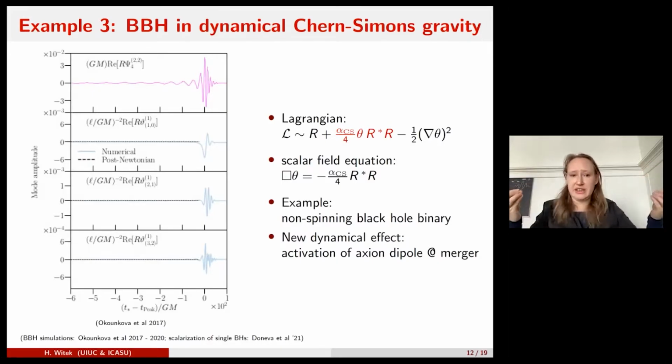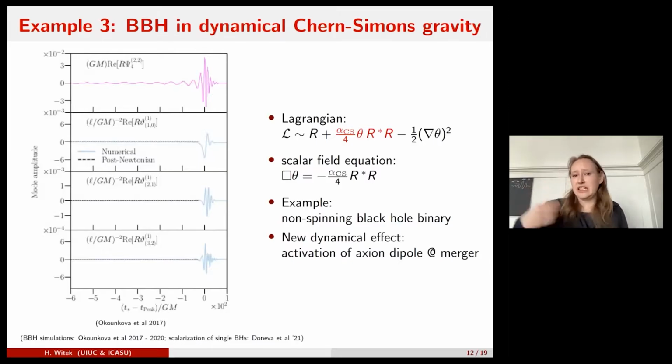And that basically would go through for as long as this calculation is valid. Now, what Masha and her collaborators have found is that very close to the merger, you actually have excitation of the scalar dipole and higher multipoles that you did not expect with post-Newtonian calculation.